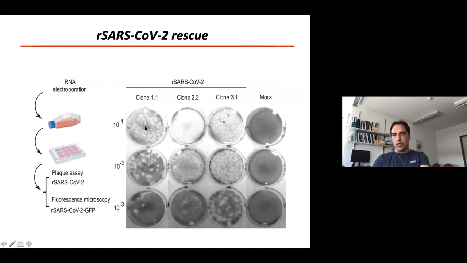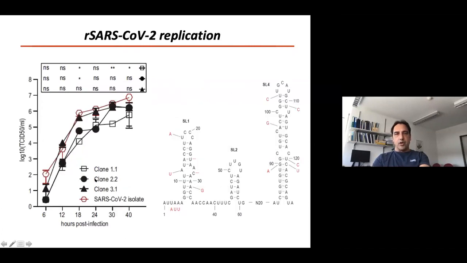We had 3 versions with different 5' ends, and all of these viruses were recovered. And we also compared them to the isolate, and this with the triangles is the wild type virus that is nicely replicating like the isolate.